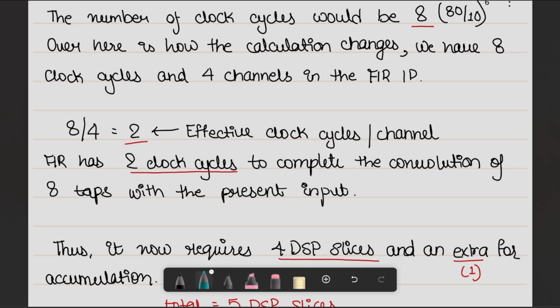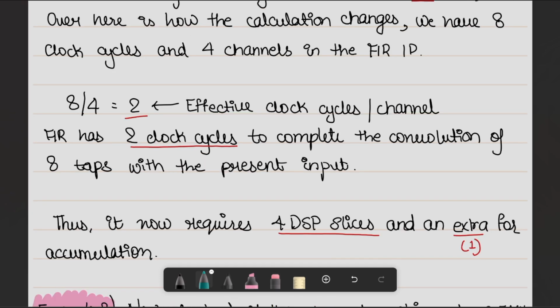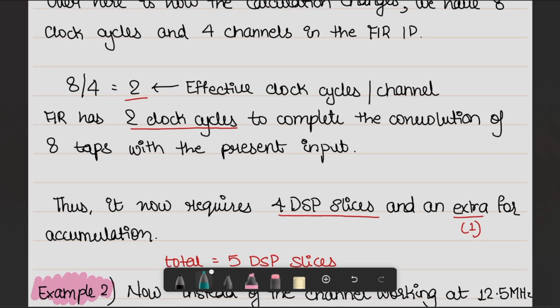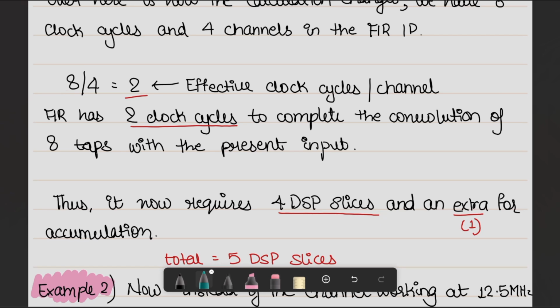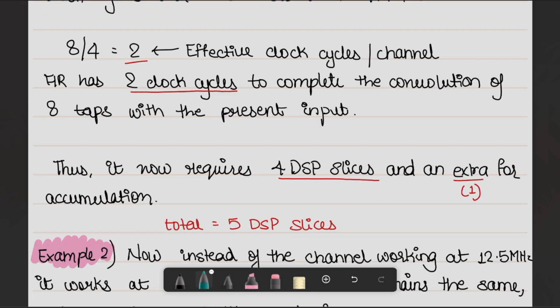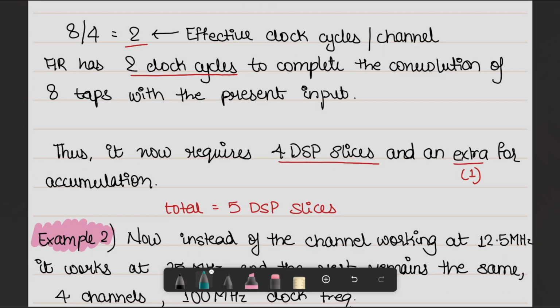So effectively, the FIR IP now has only 2 clock cycles to do the entire convolution operation for 8 taps with the present output. Now, this would require 4 DSP slices to do the work and an extra 1 DSP slice to do the accumulation, which brings the total to 5 DSP slices.